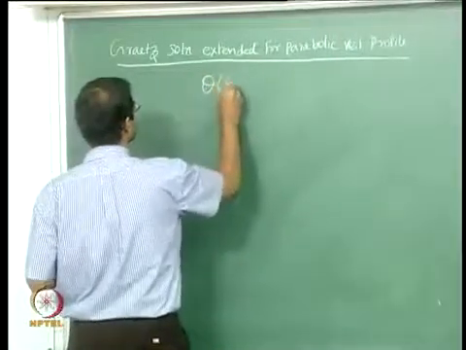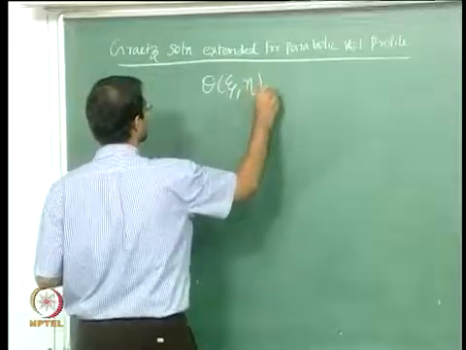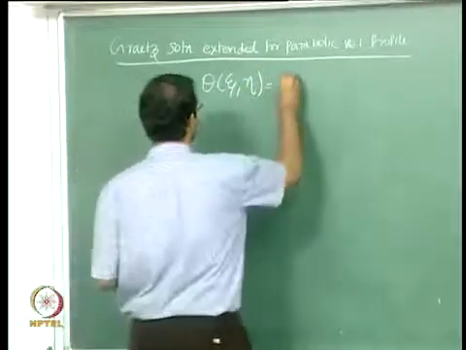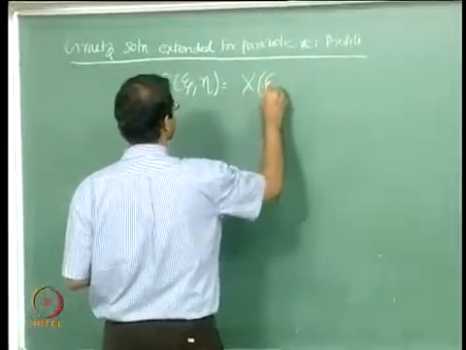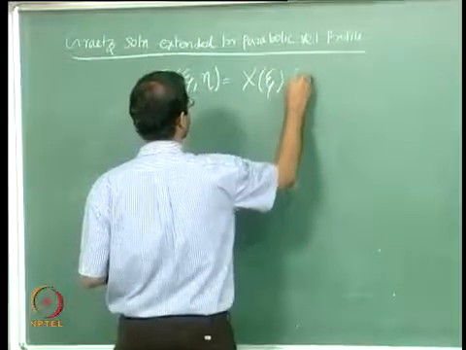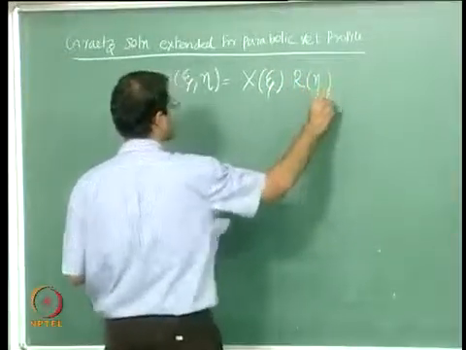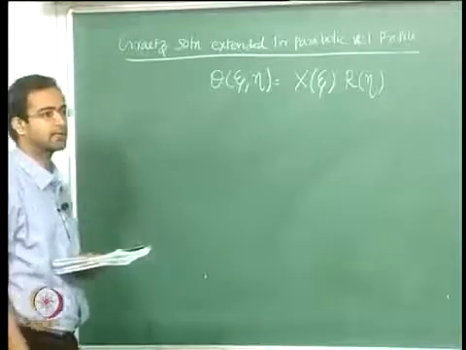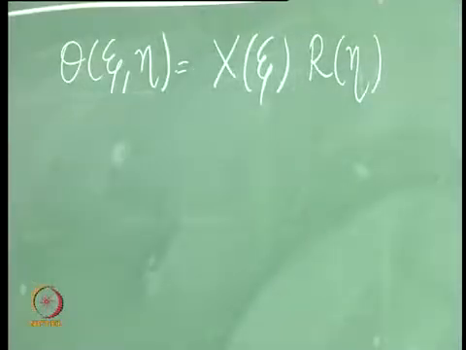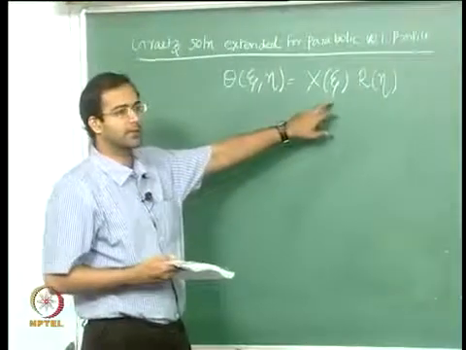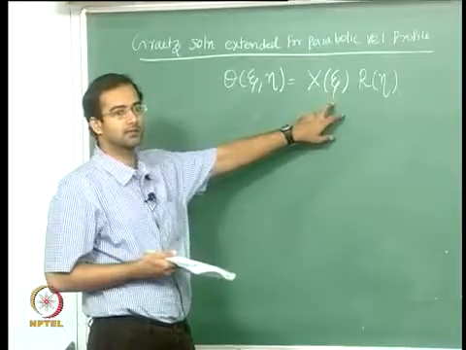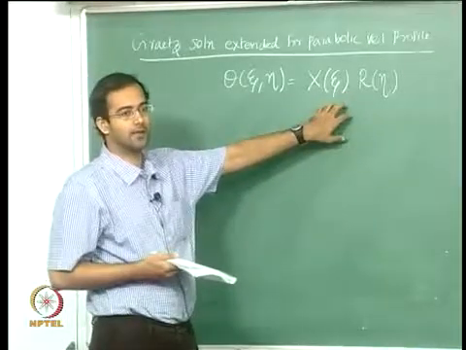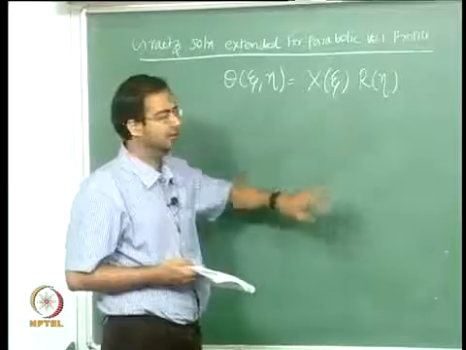We say theta of zeta and eta will break up into two parts, X which is a function of zeta and capital R which is a function of eta. So the actual solution is a product of two independent solutions, one a function of only zeta, the other a function of R or eta.